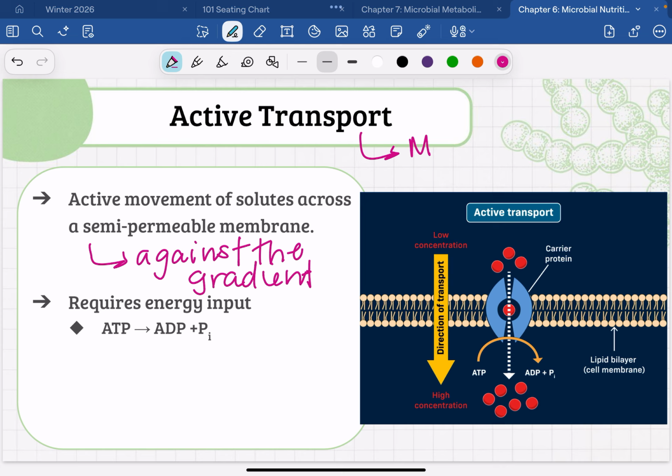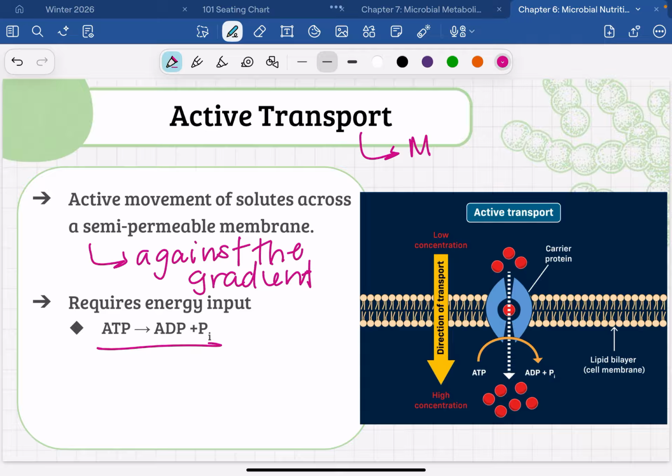But if an organism specifically wants to collect all of a specific solute, it can do active transport to pull the solutes away from their natural gradient. And to do this requires energy input because it's doing something against the natural equilibrium, right? The natural equilibrium is to move from high concentration to low concentration.